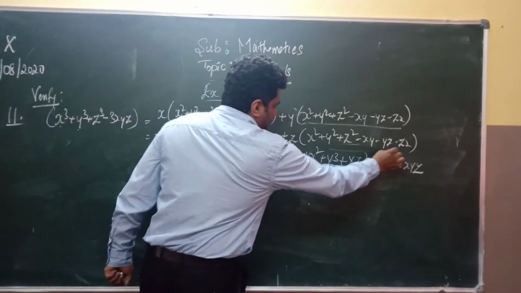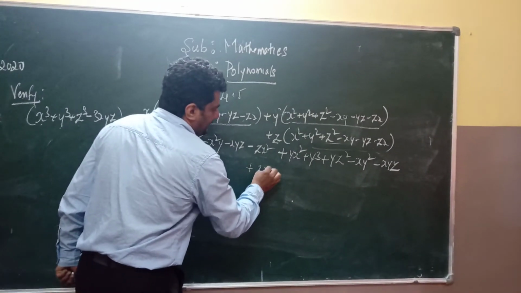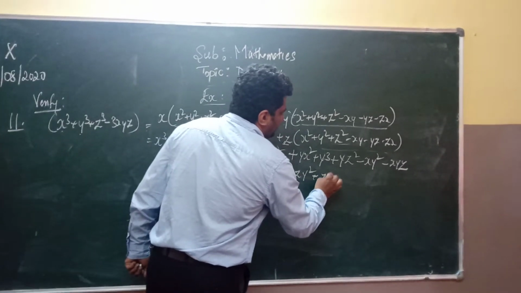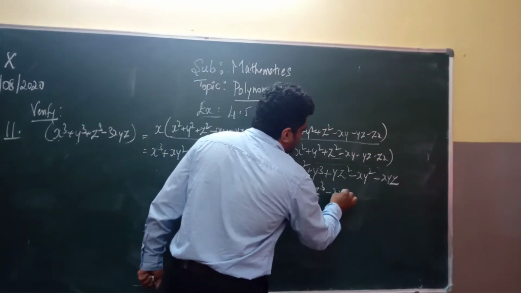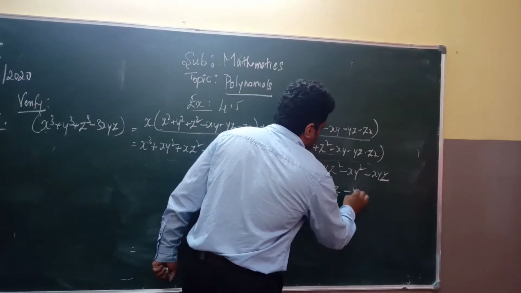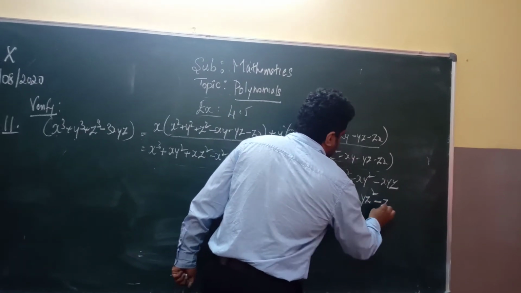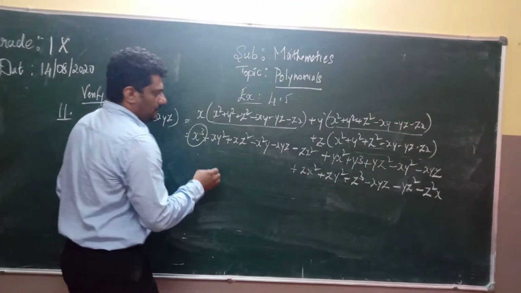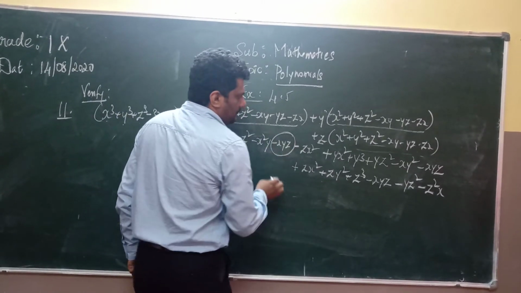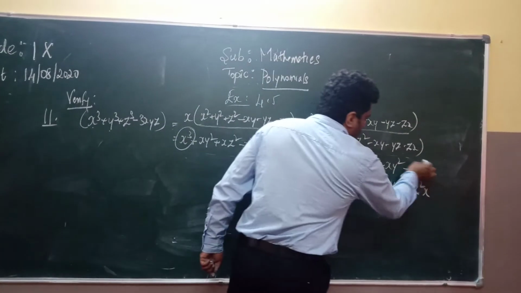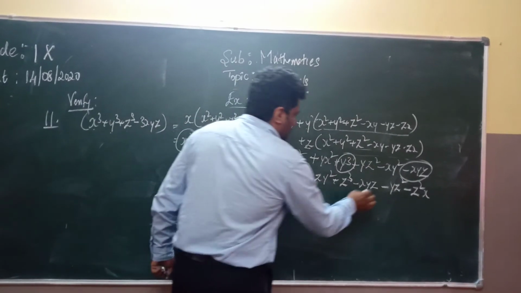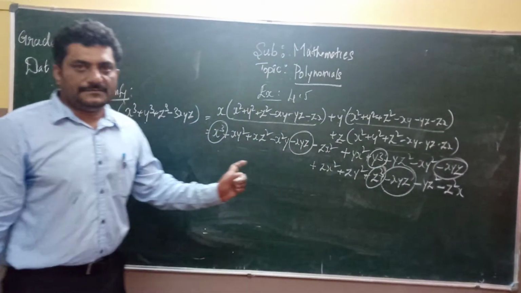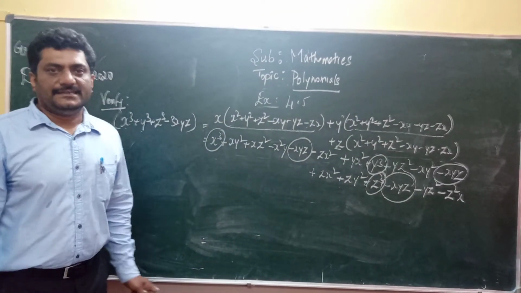Now this and this, you get plus zx squared plus zy squared plus z cubed minus xyz minus yz squared minus z squared x. Now these six terms will remain and the rest will get cancelled.